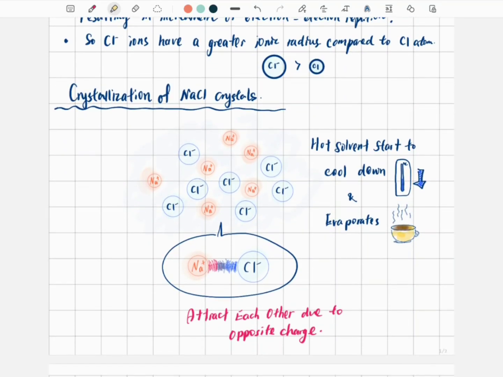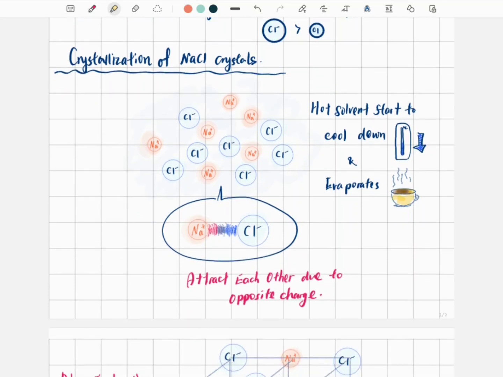NaCl crystals are formed through a process called crystallization, which occurs when the sodium ions and chlorine ions come together to create a stable, repeating pattern. The formation begins with the dissolution of sodium chloride in water, where the ionic bonds between sodium and chlorine atoms break, resulting in separated sodium and chlorine ions.